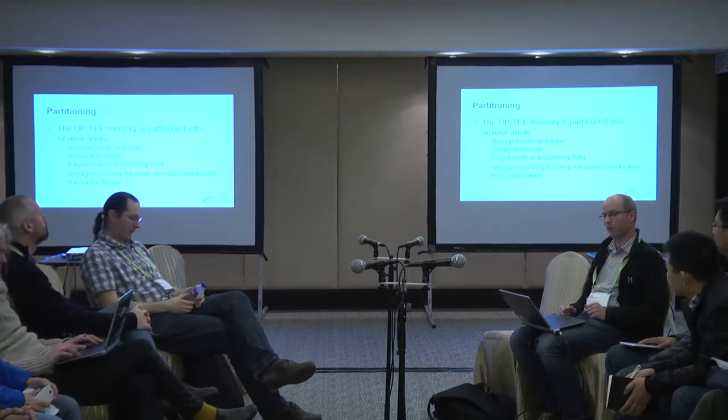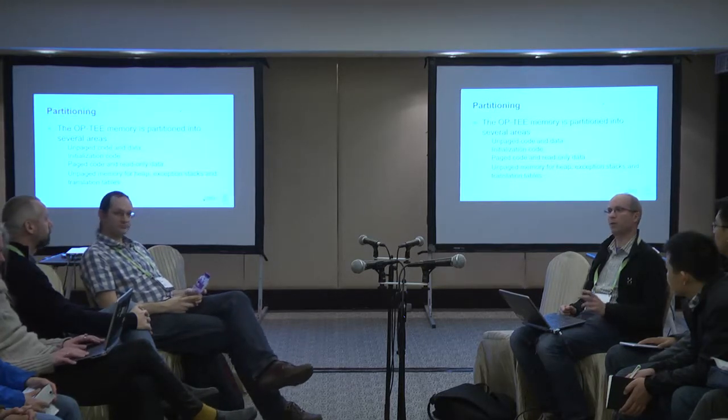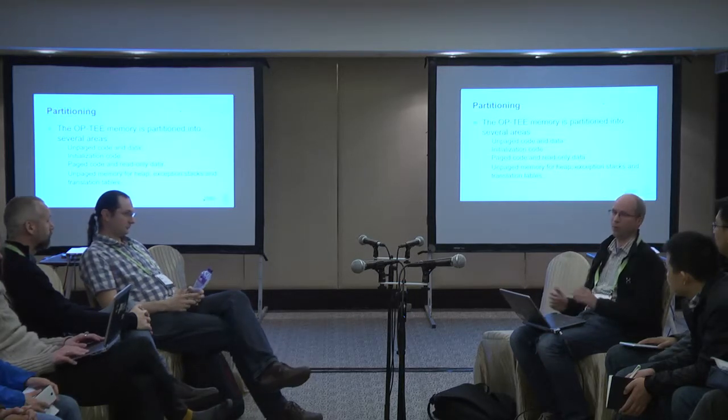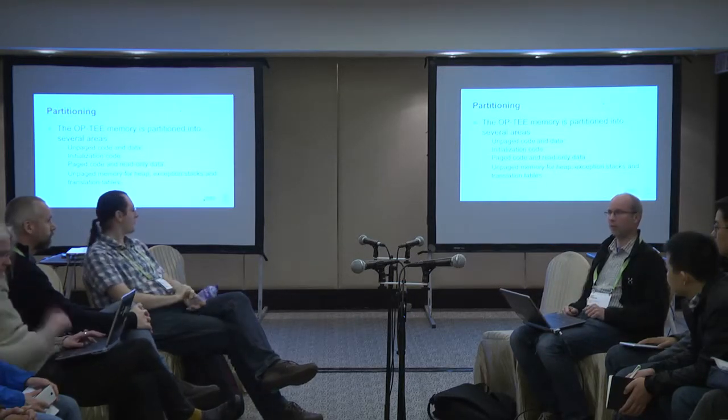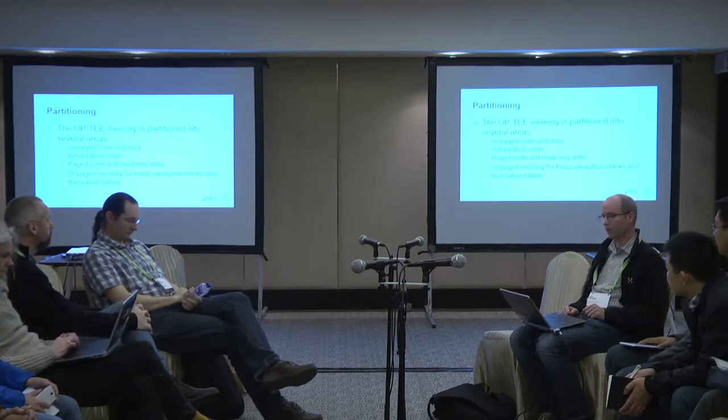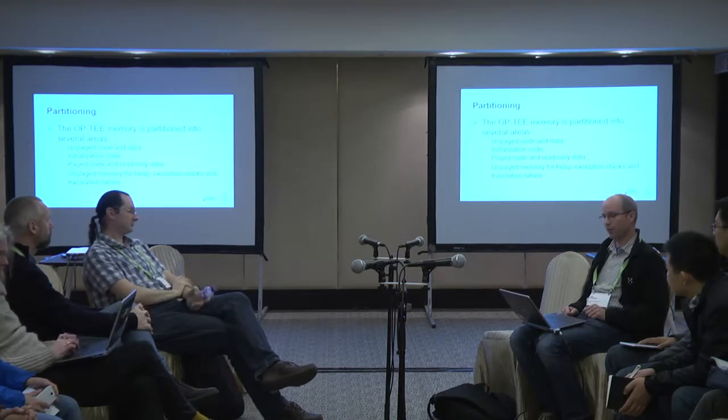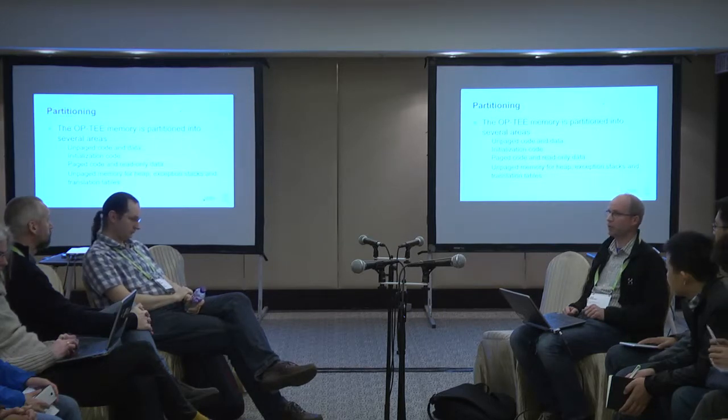And we have one section which is page code and read-only data. This is the section that is served by the pager. So this is where the pager is active. Then we have one area for unpaged memory, heap, exception stacks, and translation tables.